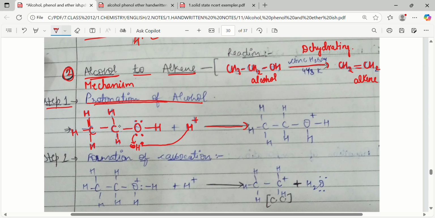Negative and positive will cancel out. Since O has given one electron, O will get one positive charge. One electron with O, one electron with H, a bond will be formed, just like the step done in the previous mechanism. Just follow it and write it down.